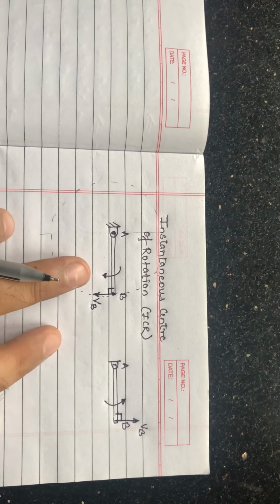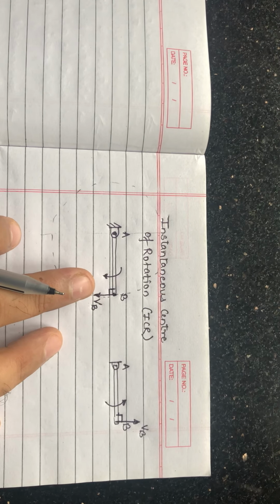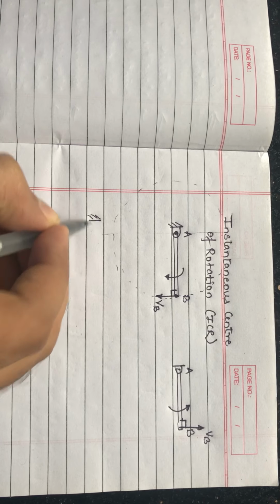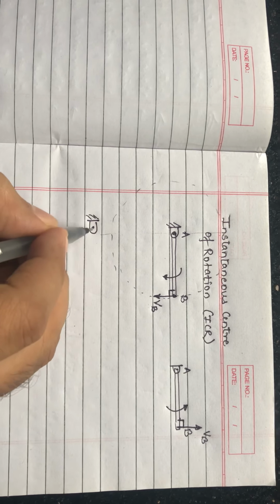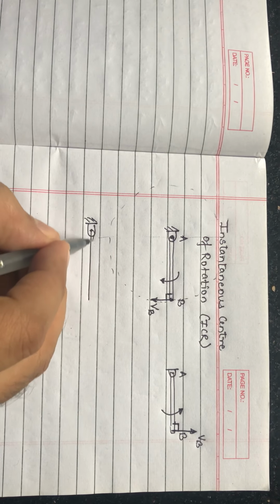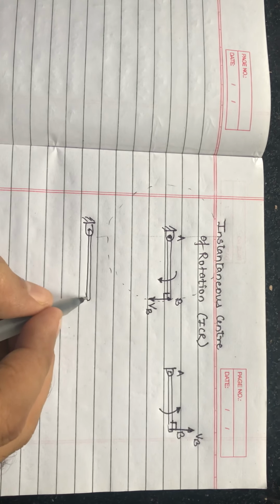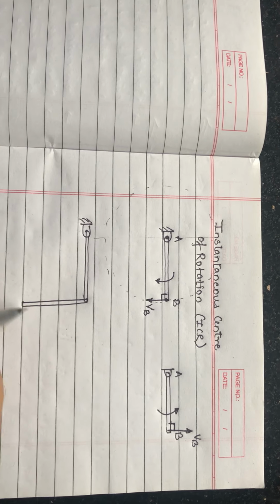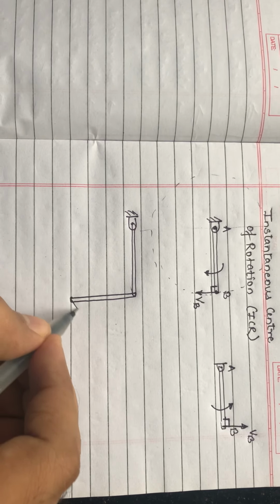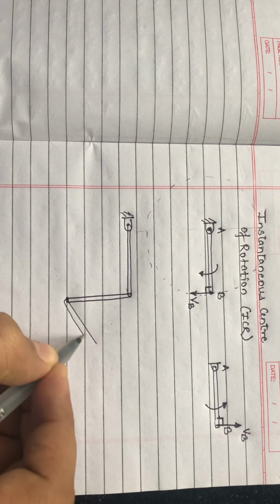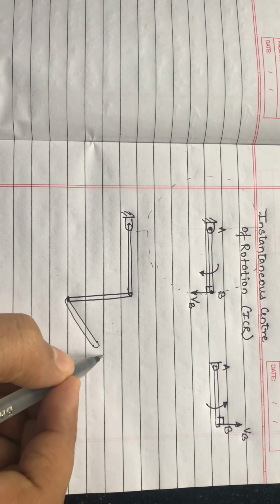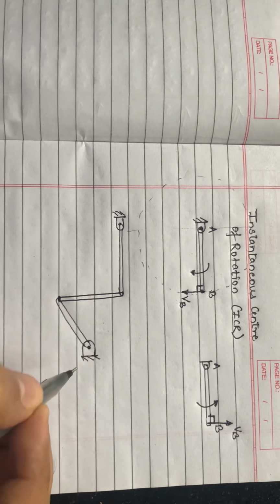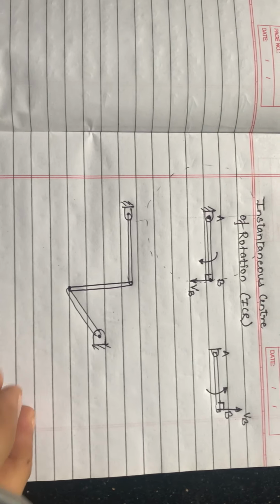Right now, we are talking about one single rod. If I take an example of rods connected in multiple phases, like this, and another one in this way, and the next one in this way, with such a link mechanism, how will you locate your ICR?